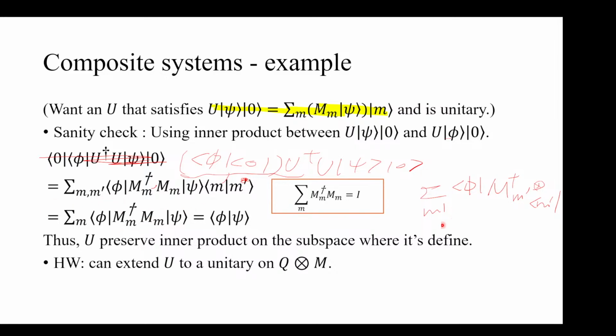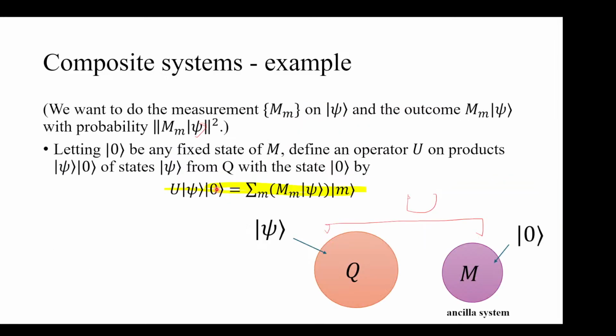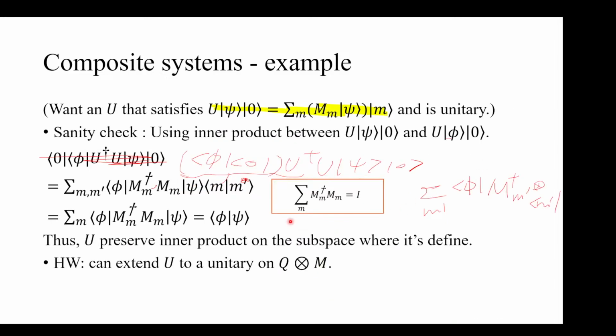Okay. And so we have this thing as the inner product, and then we do more simplification. Now we use the assumption that those small m are also an orthonormal basis. So m prime and m are equal to each other only when m prime equals m. So we can get rid of the summation over m prime, because the only m prime that matters is when m prime equals m. So we have the summation over m of phi, m dagger sub m, and m sub m, psi.